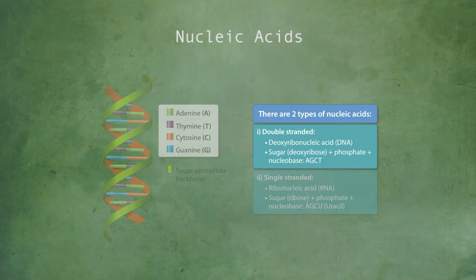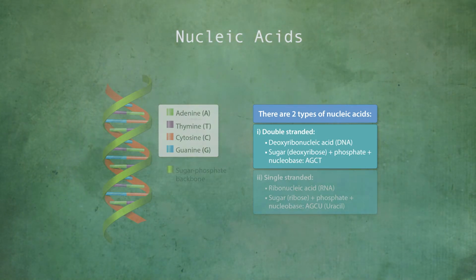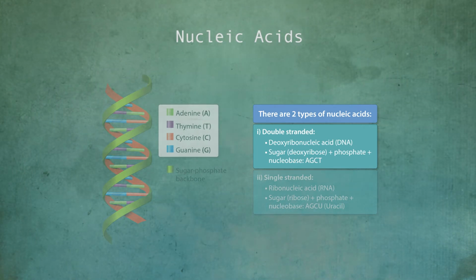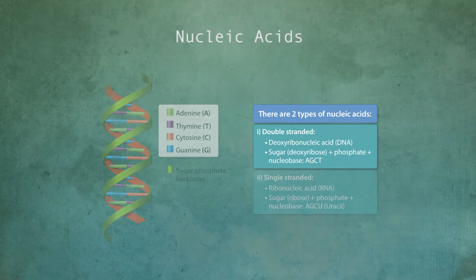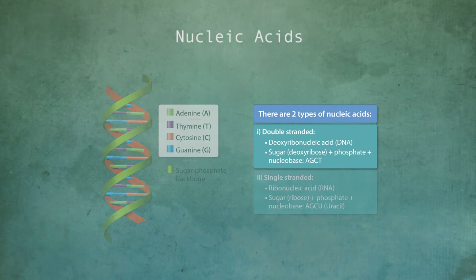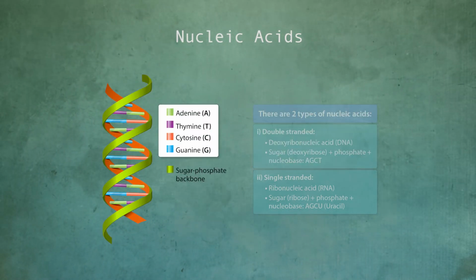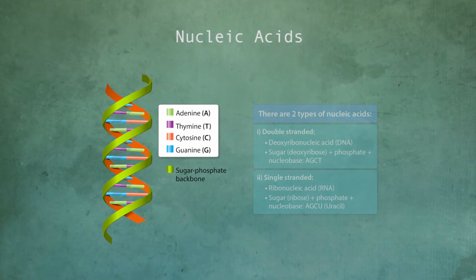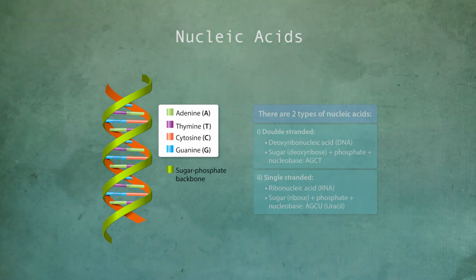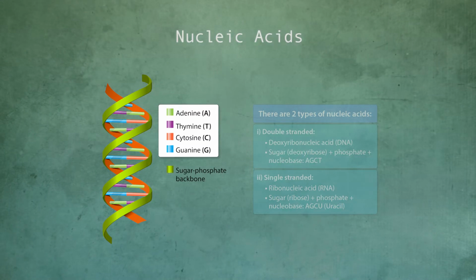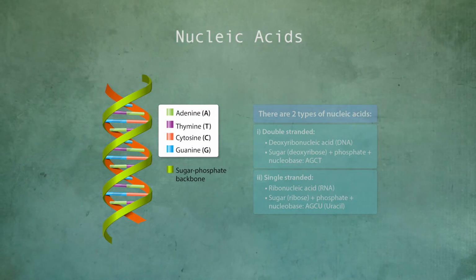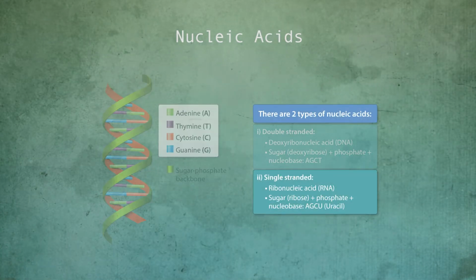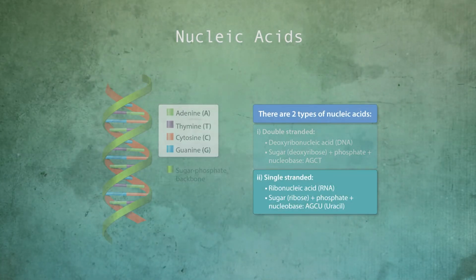DNA, or deoxyribonucleic acid, is double-stranded and made up of a backbone of sugar, that is deoxyribose, and phosphate, and the nucleobase. For DNA, the nucleobases are adenine, which we give the symbol A, guanine, G, cytosine, C, and thymine, T. Now, what about RNA?